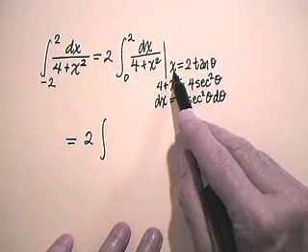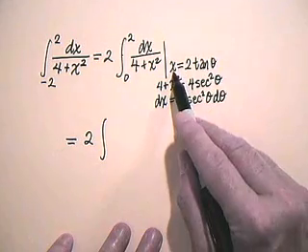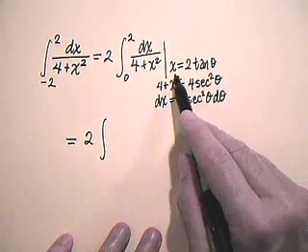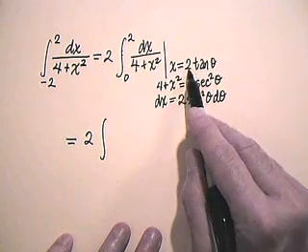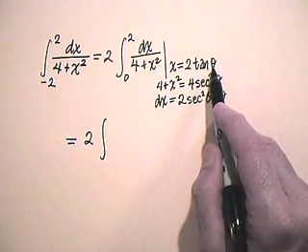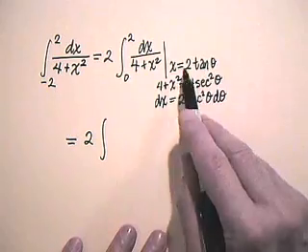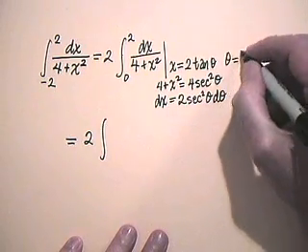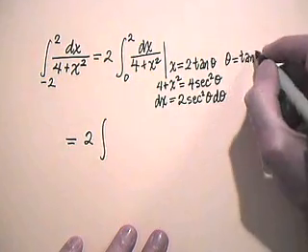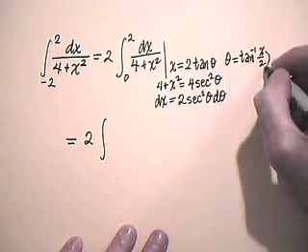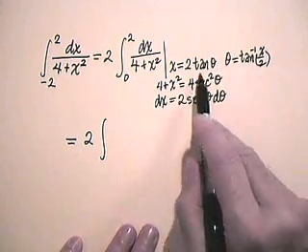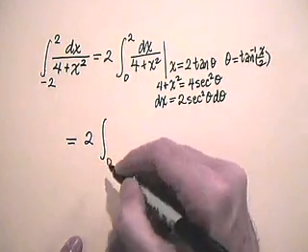When x is 0, that corresponds to theta being 0 for the tangent. And when x is 2, that corresponds to tangent of theta equals 1. After all, what do we have here? Theta is tan inverse x over 2. So when x is 0, tan inverse of 0, that's 0.